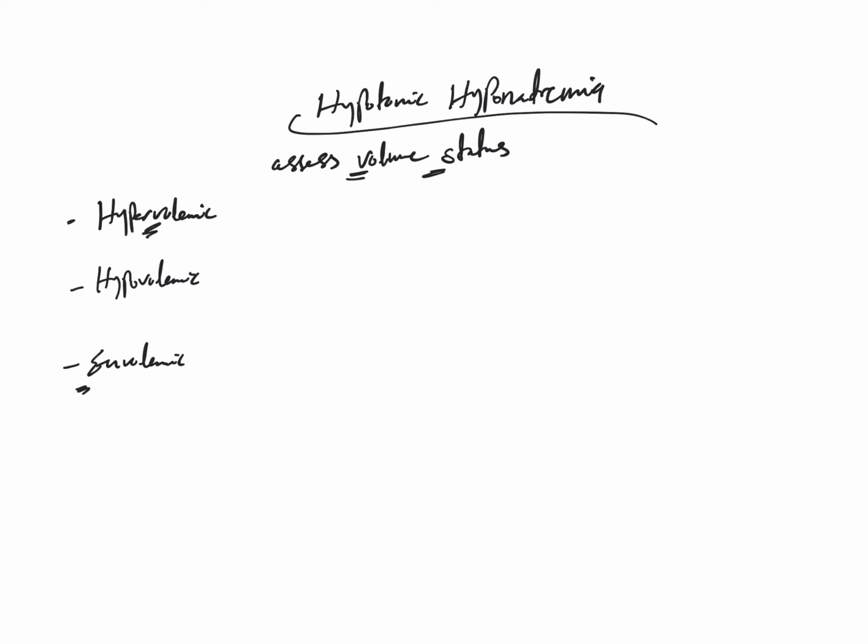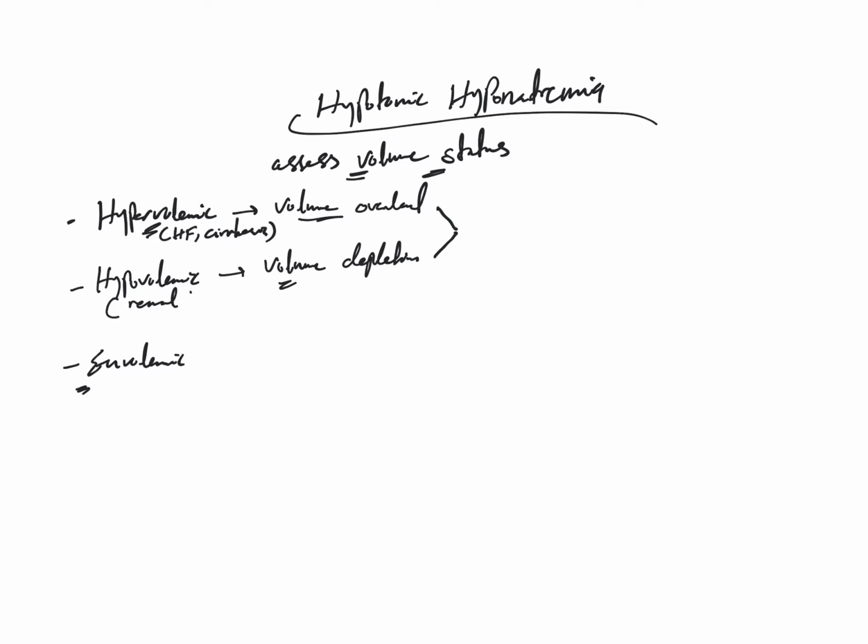Hypervolemic should be pretty obvious. You see signs of volume overload. And here you see signs of volume depletion. Here, peripheral edema, JVD, ascites, mainly in heart failure and cirrhosis. It's not very prominent for some reason in nephrotic syndrome. And here you could have renal or extra-renal losses.